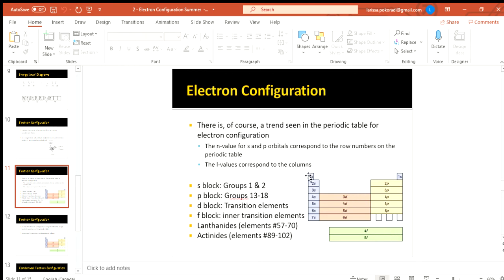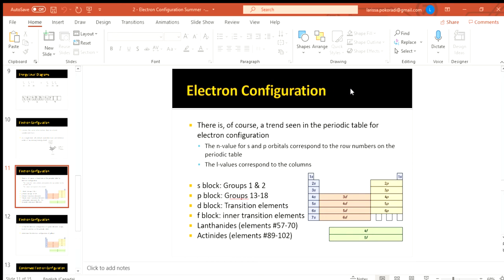So we have our S's down the first 2 columns. We know that S's can hold 2 electrons total because there's only one orientation. So that's very cool for us to know that this is S blocks, because we'd know this would be like a 1s with a superscript 1.